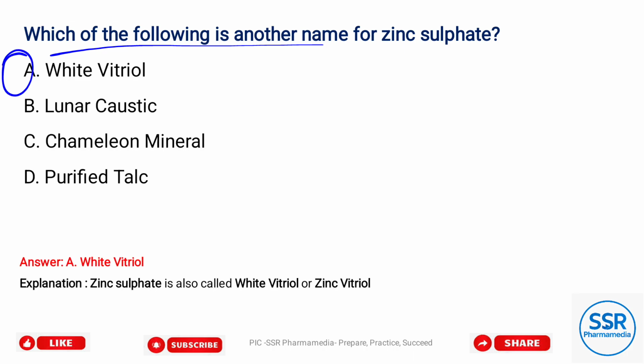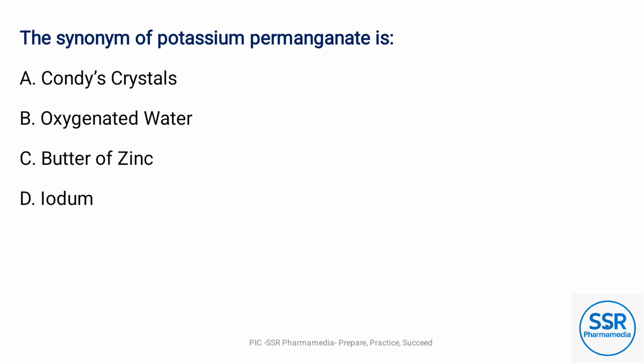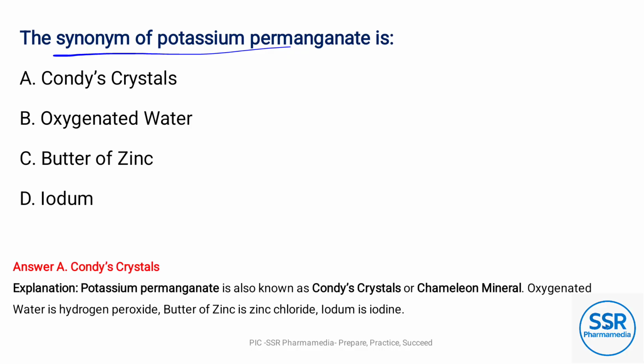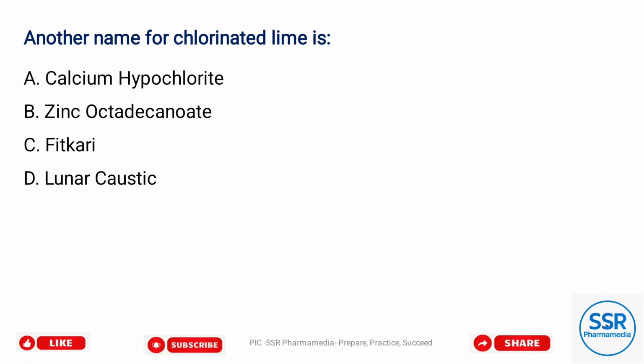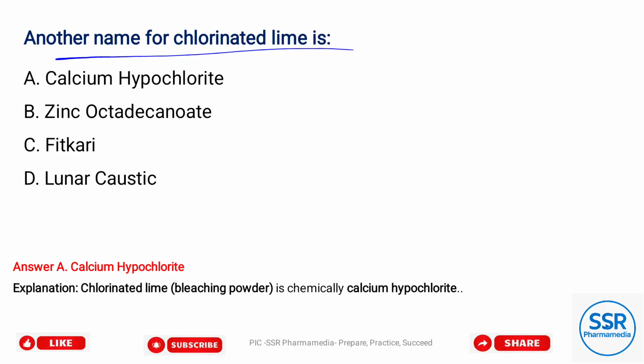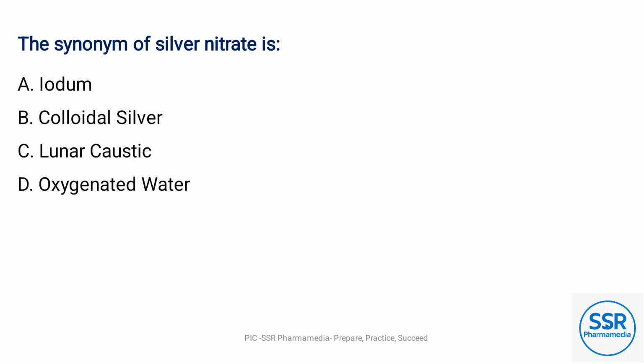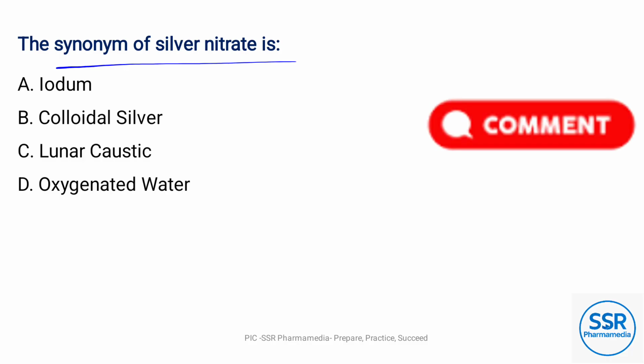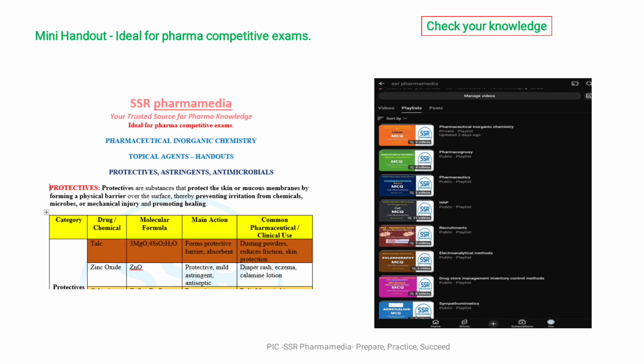Option A, white vitriol. The synonym of potassium permanganate is, option A, quartz crystals. Another name for chlorinated lime is, option A, calcium hypochlorite. The synonym of silver nitrate is, answer in the comment box.